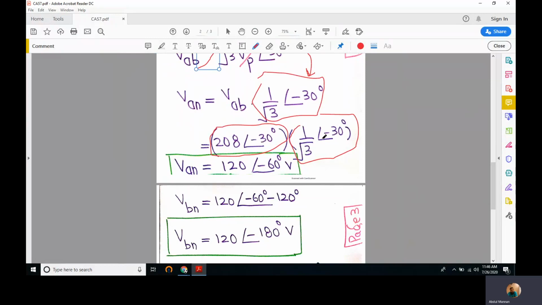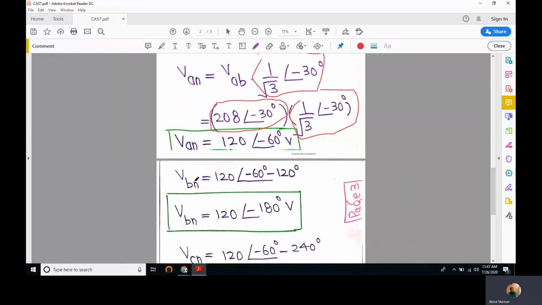We know when we multiply two complex numbers, and both of them are in their polar forms, the magnitudes are multiplied and the angles are added. Right. VBN is 120 at an angle of minus 60 minus 120, because we know that for a balanced three-phase system, VBN is 120 degrees lagging VAN.